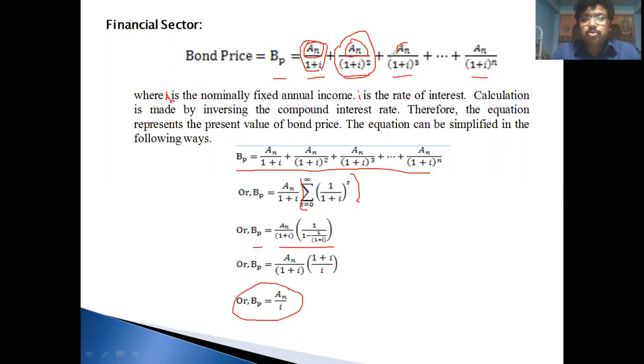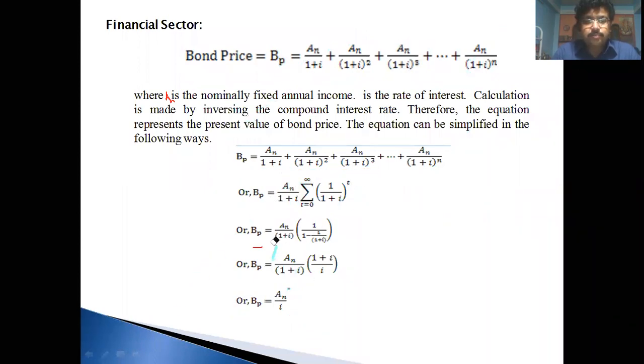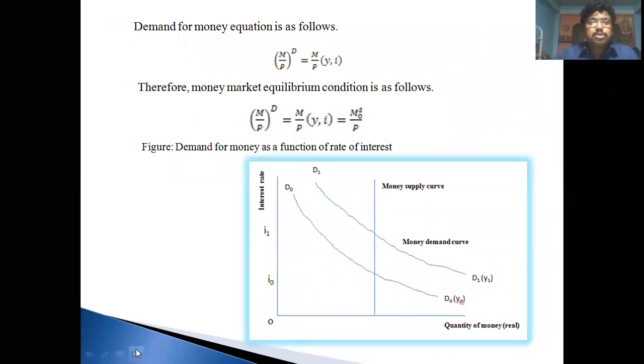Okay. So now I am erasing all this marking. Now, the demand for money equation is as follows. Look, here demand for money is a function of income and rate of interest.